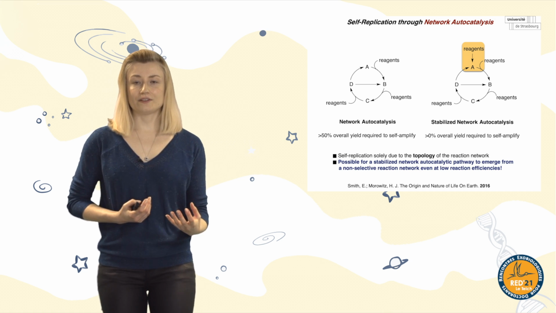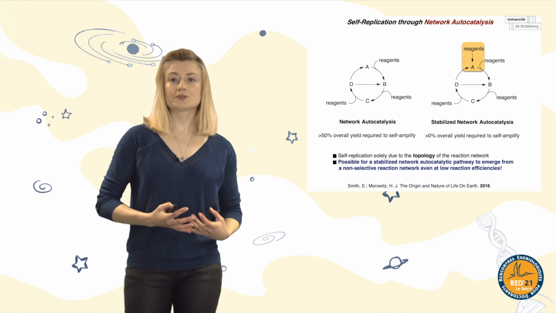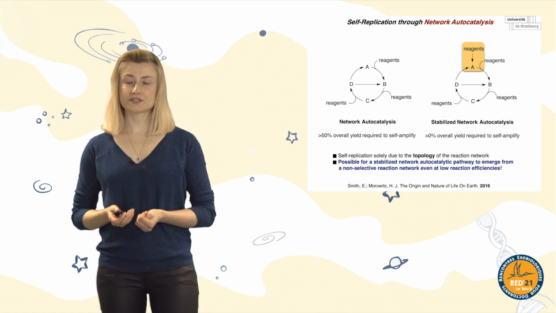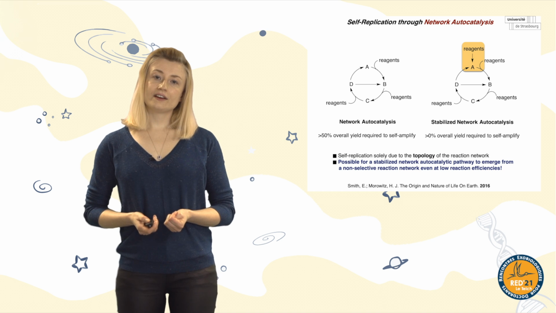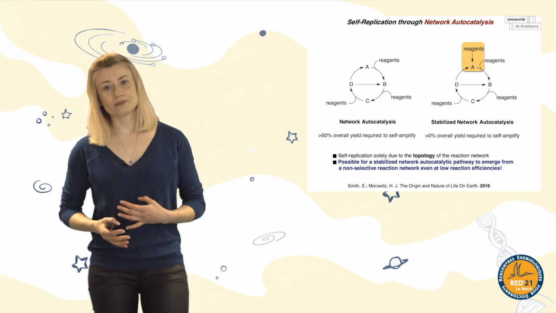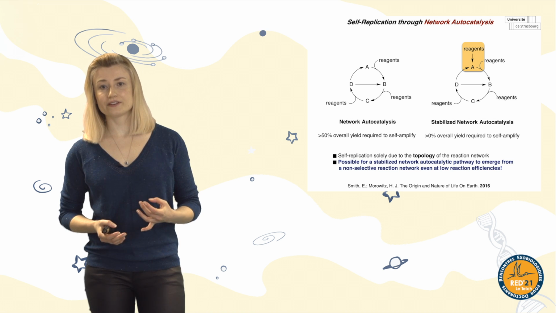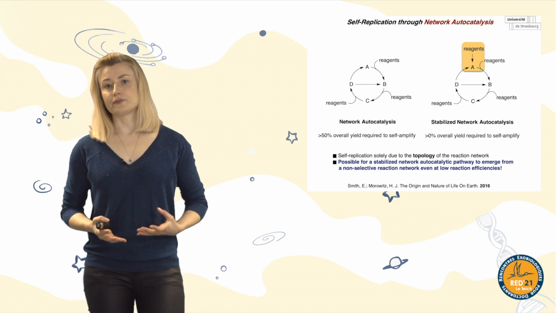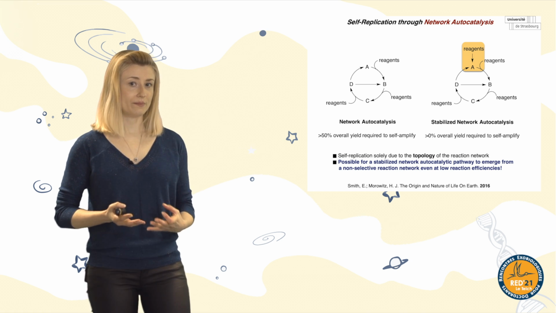So the topology of the cycle allows it to self-amplify. The topology is the catalyst. Normally, for this structure on the left-hand side, if you want it to be sustainable, then every reaction requires at least a 50% yield. If this condition is fulfilled, then the cycle can self-amplify.